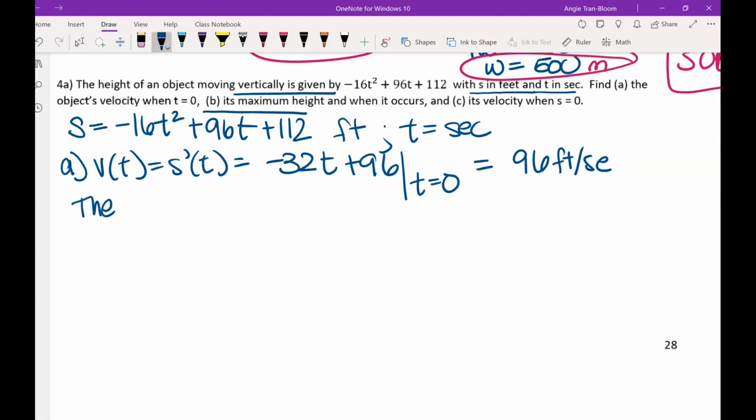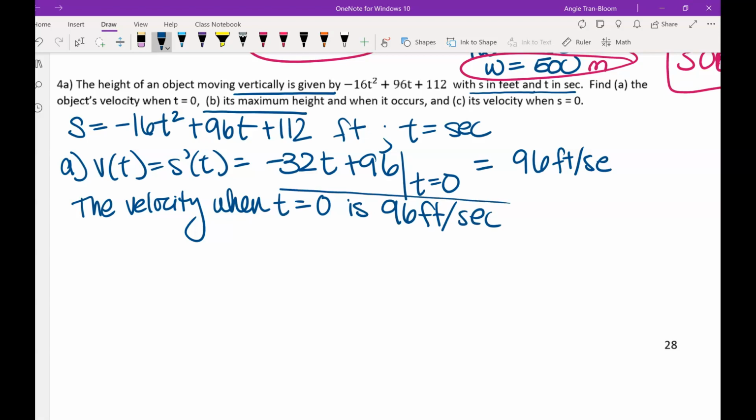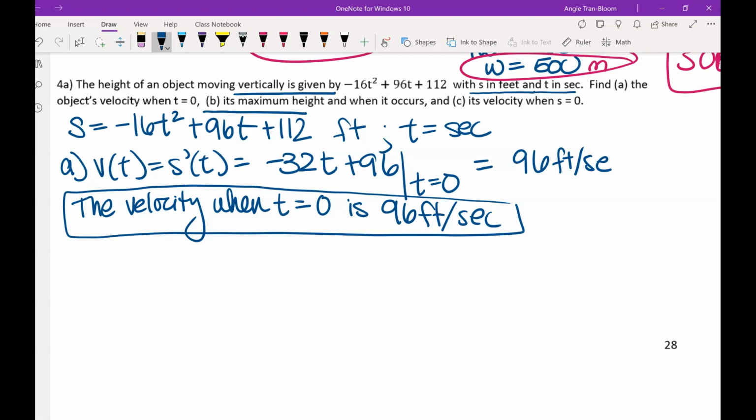So the velocity when t equals 0 is 96 feet per second. Velocity is very similar to speed, except velocity has direction. Since this is positive, we know that this is going to the right. So velocity when we start out is 96 feet per second, okay?